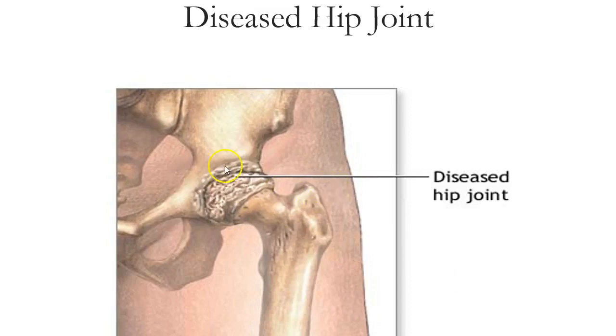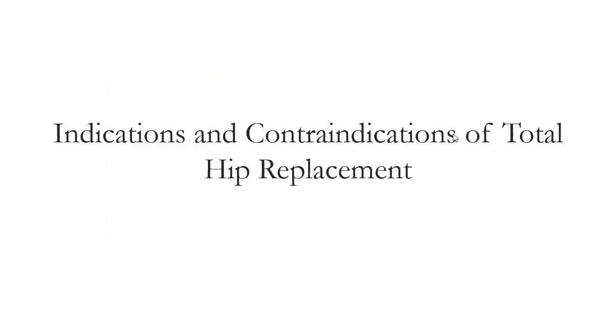You can see deterioration of the acetabulum, deterioration of the head of the femur. And one of the most common causes of needs for total hip replacement is degenerative joint disease, osteoarthritis.